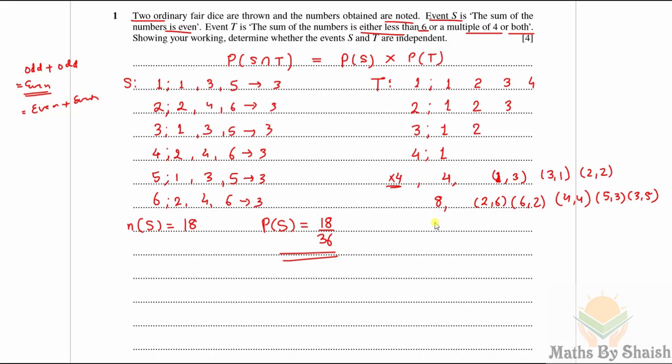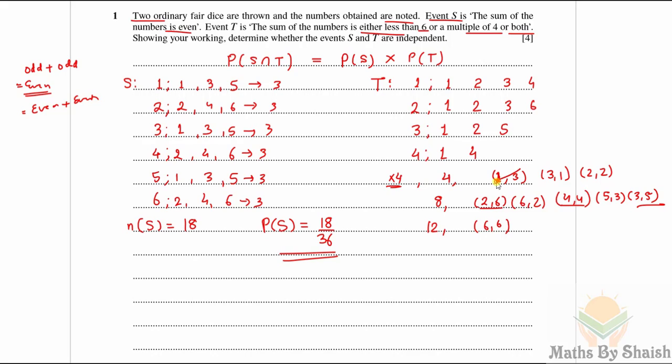And 4 threes are 12, which is only 6 and 6. So let's write all the possibilities here. 1 3 we already have, 1 and 2 2 we already have, and then we add 2 6. 3 1 is there, 3 5 we include, and 4 4 is also included.